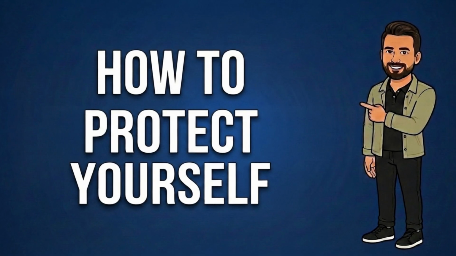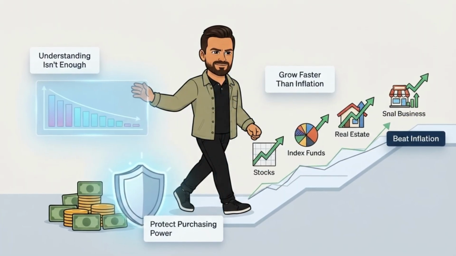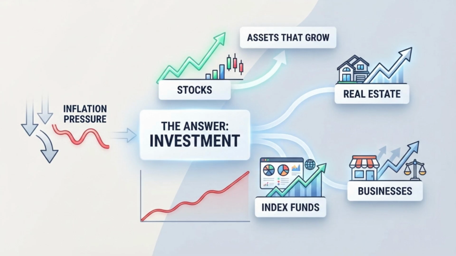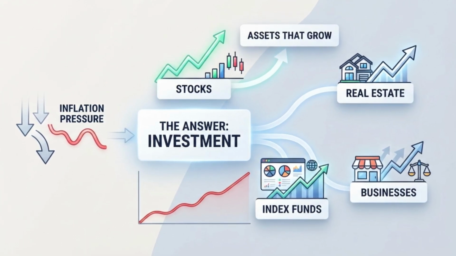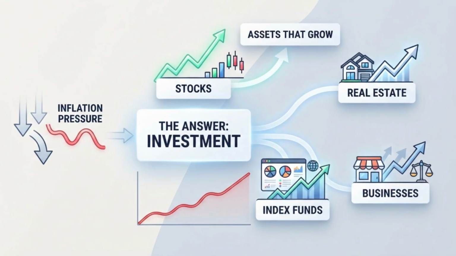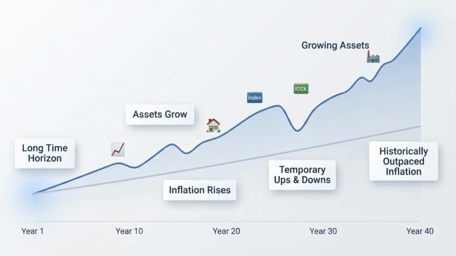How to protect yourself. Chris doesn't want to just understand inflation. He wants to beat it. The answer is investment. Assets that grow, stocks, real estate, index funds, businesses, historically outpace inflation over long time horizons.